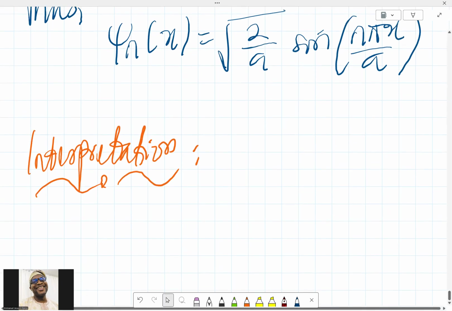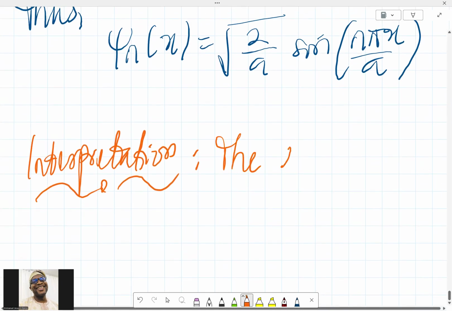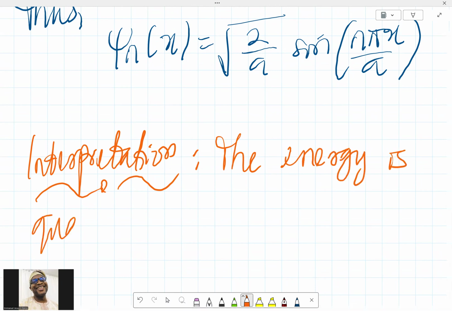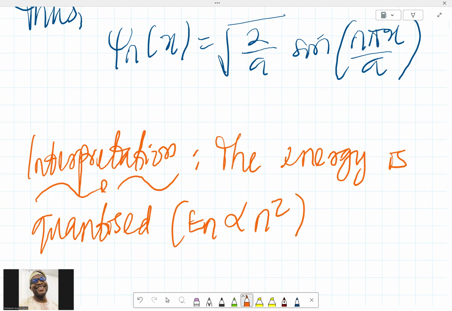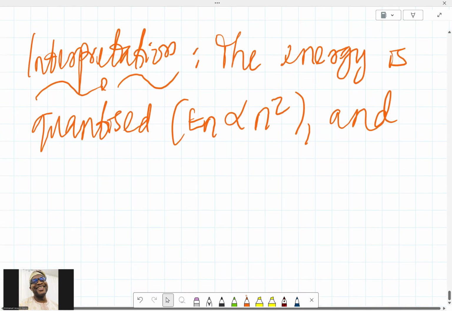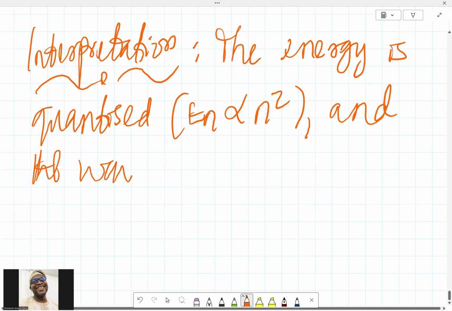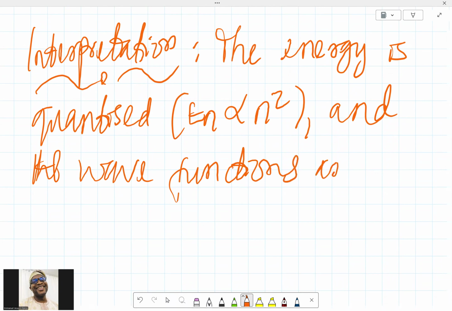Here, the energy is quantized, meaning that energy is directly proportional to the square of n, and the wave functions are standing waves.